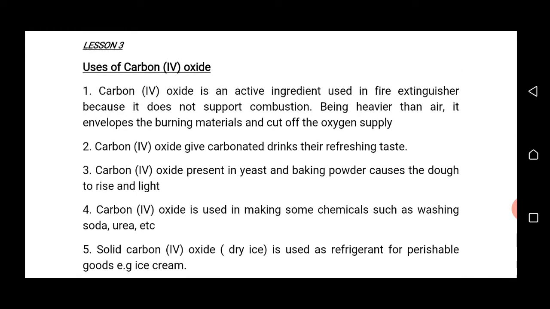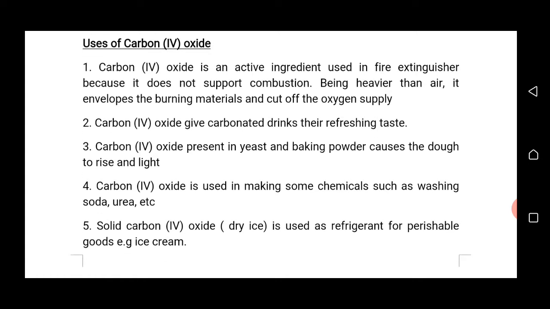If there is fire outbreak and fire extinguisher containing CO2 is applied, CO2, carbon 4 oxide, being heavier than air, it envelops the burning material and cuts off the oxygen supply.